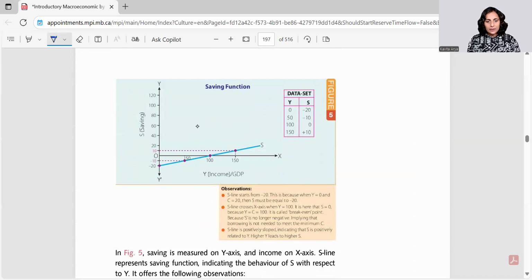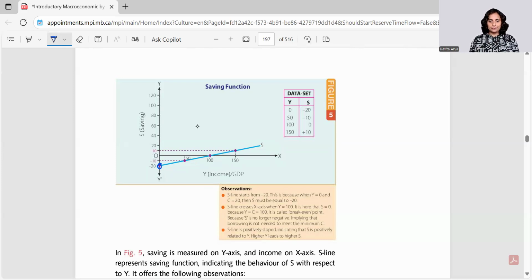Savings begin from the negative of the y-axis, as consumption started from the positive of the y-axis. In later pages, you would find there is a close relationship between C and Y, and we can derive C from S and S from C. So C and S are correlated to each other.